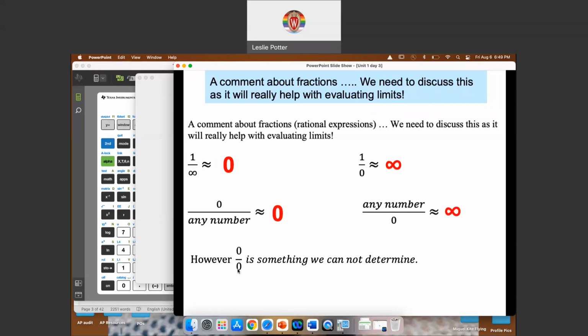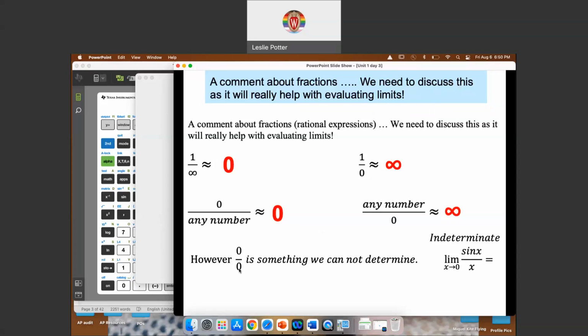That's why we need these manipulation techniques: we need to take this and get it into a different form so that we know what's happening from a value standpoint. So 0 over 0 is indeterminate. It tells us that something else has to be done, that we have to engage in some other manipulation.